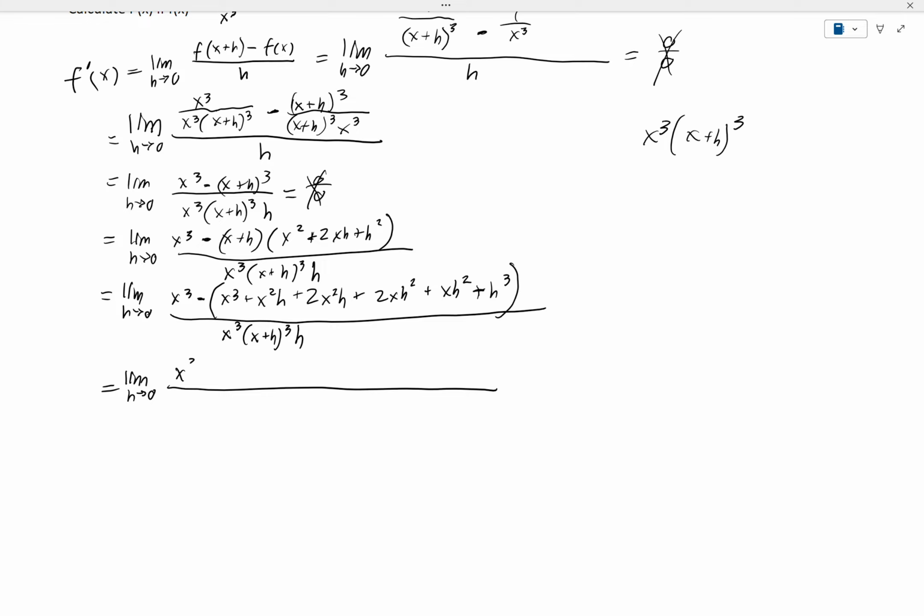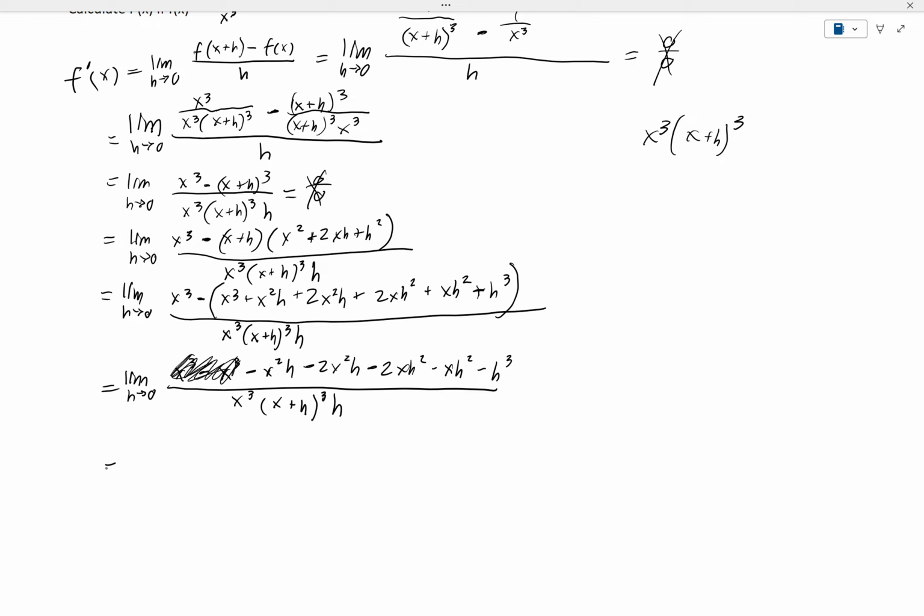So this is going to be x to the third minus x to the third minus x squared h minus 2x squared h minus 2x h squared minus x h squared minus h to the third. And we still have the same denominator down here. But as you can see in the numerator, we've got some stuff that cancels. x to the third minus x to the third, bye-bye. These two terms right here, they're not going to cancel, but we can combine them.